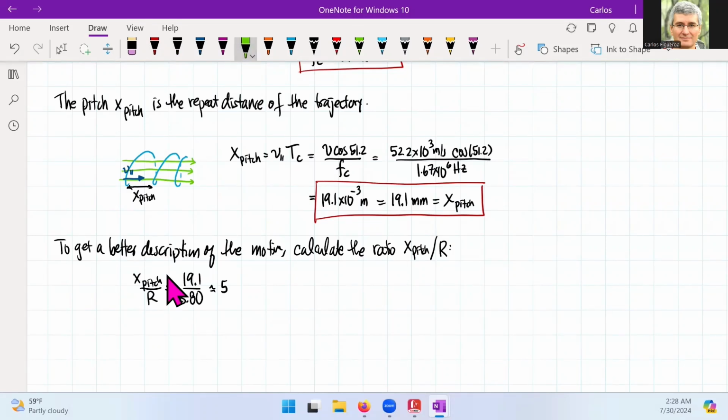So how do I draw something like this? I'm going to imagine that I have my magnetic field like this, and I'm only going to draw a couple of lines here. Then if I look at the motion, it's got to look something like this. It's got to have a really long motion as it wraps all the way around these magnetic fields. So from here to here is x pitch.